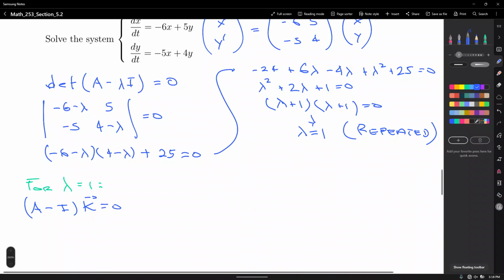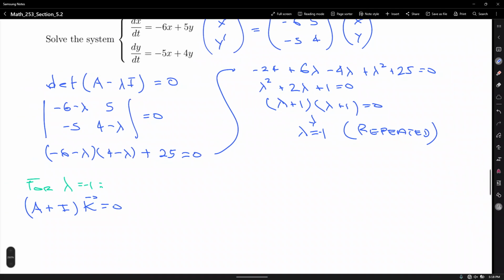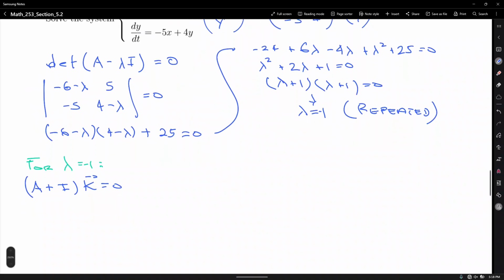Yes, it's negative 1, and for negative, that actually becomes plus. Right here, thank you. Good catch. So this would be essentially negative 6 plus 1, 4 plus 1, and the remaining elements remain the same.